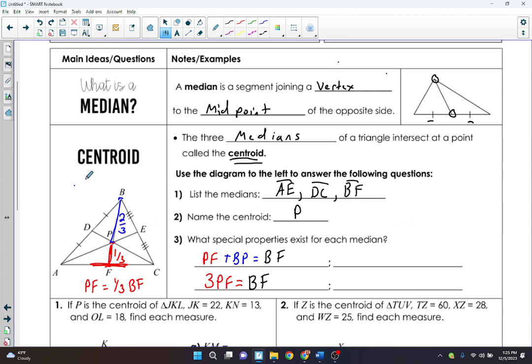So I know BP is 2/3 BF, the whole line. If I multiply 3 on both sides, I can write this as 3 BP equals 2 BF. 3 BP equals 2 BF.